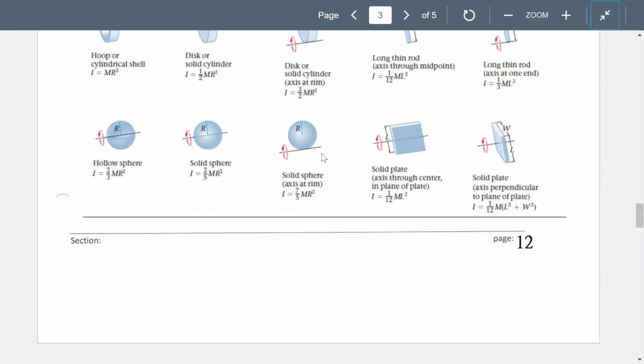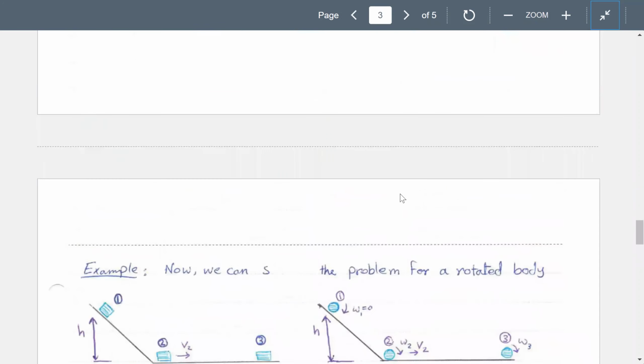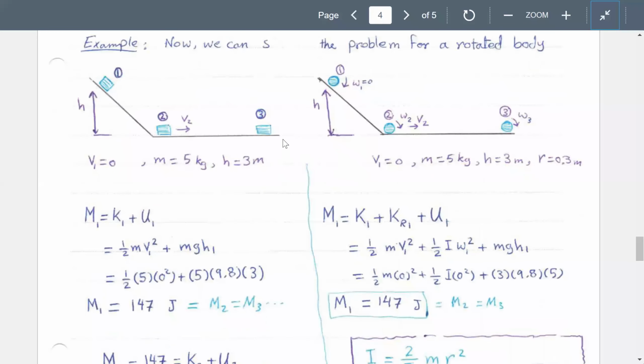For example, we need to find the moment of inertia for that solid sphere, which is 2/5 mr squared. We will use it here. We need to compare the motion as we learned before, without rolling or rotation, and with rotation. Is there any difference between the energies or the mechanical energies or what?